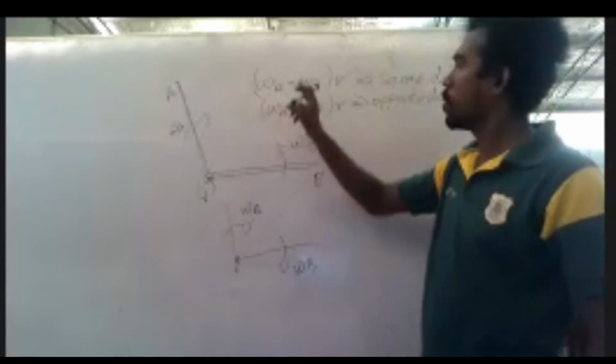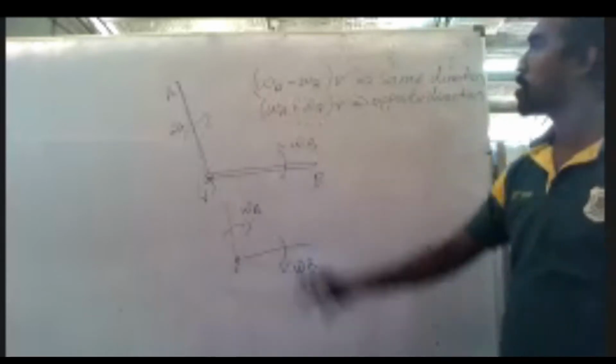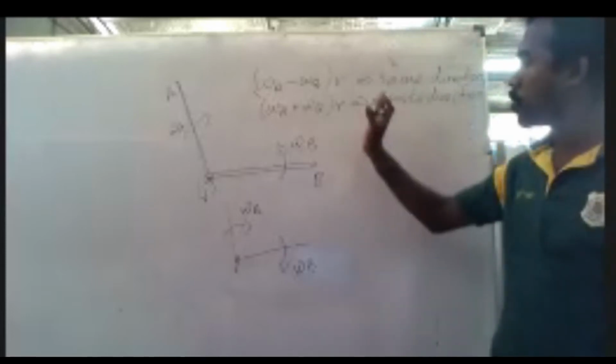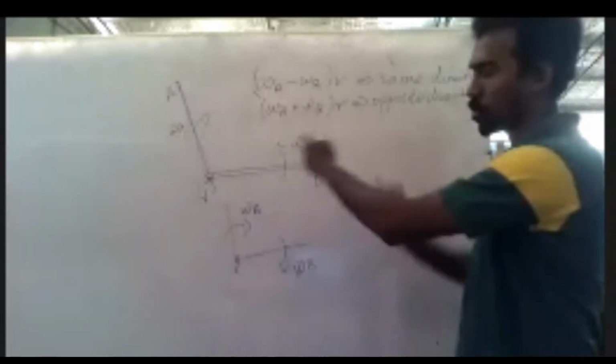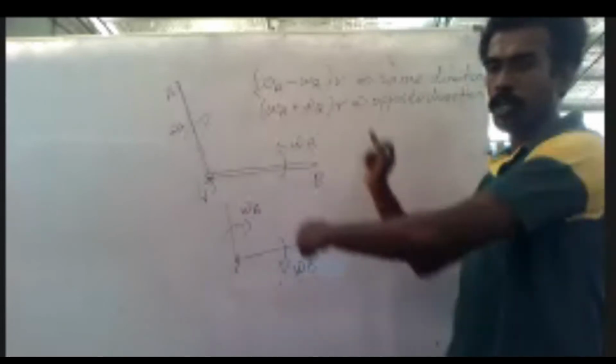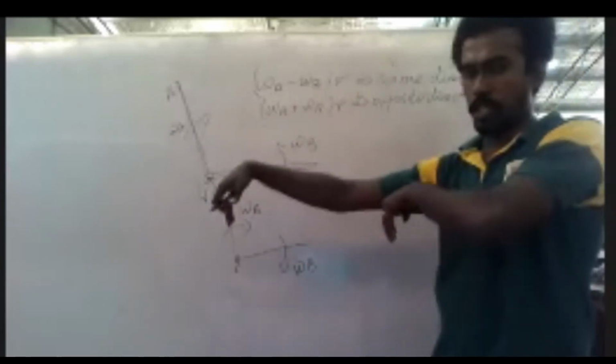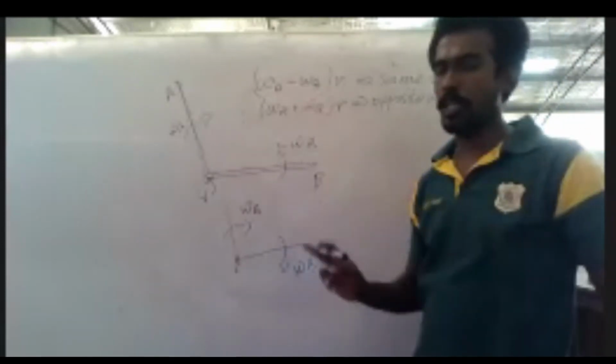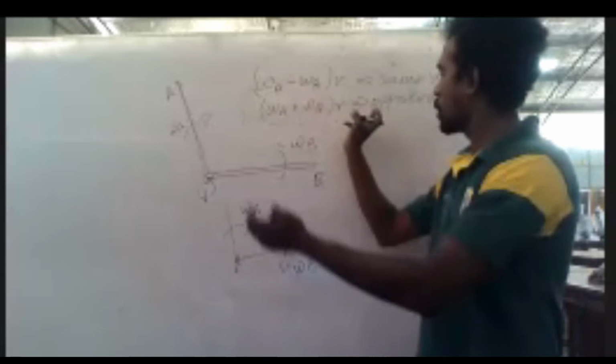Here we will go for omega A minus omega B. They can either both be rotating clockwise or both anti-clockwise. It is the same direction: omega A minus omega B. For opposite direction: omega A plus omega B.